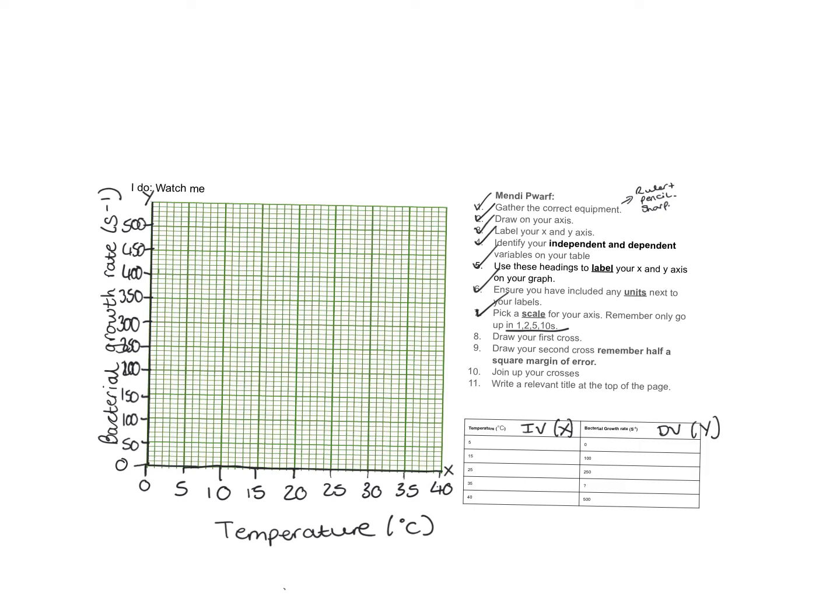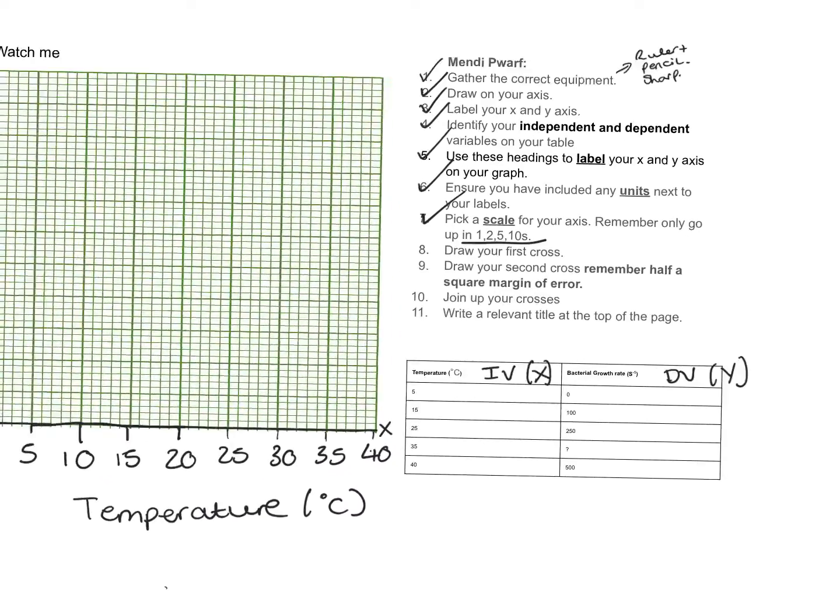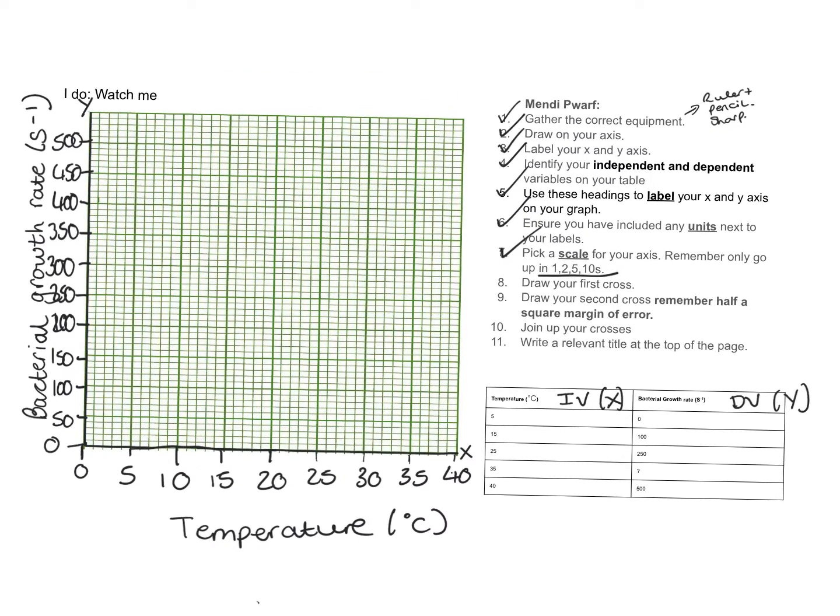So the next thing we need to do now, which is the hardest bit of plotting a graph, is looking at your numbers and working out where your cross is going to go. So for the first one, we've got 5 and we've got 0. So I'm going to find 5 on the x-axis, find 0 on the y-axis, and I'm going to put a cross where it needs to be. Okay, and I'll tick that one off in my head. Next one then, 15.